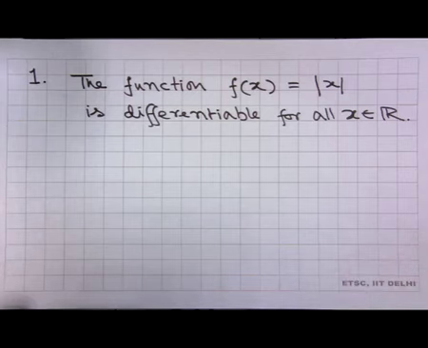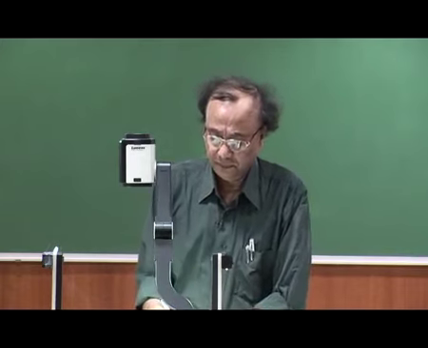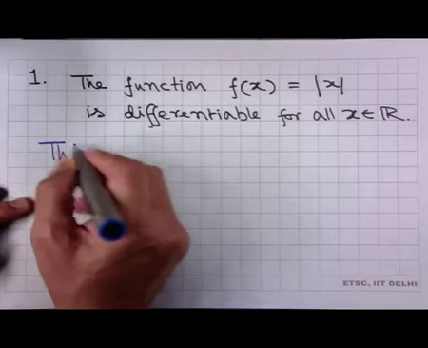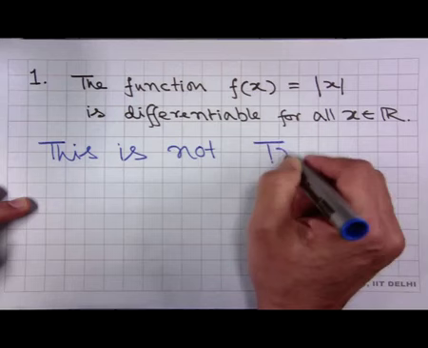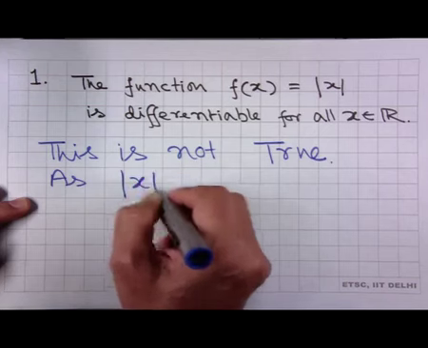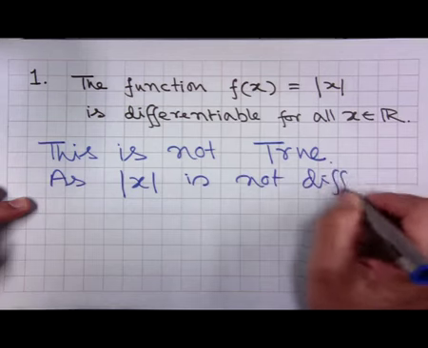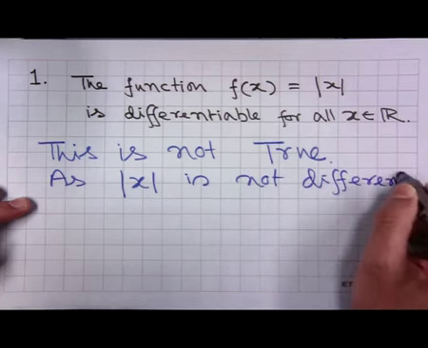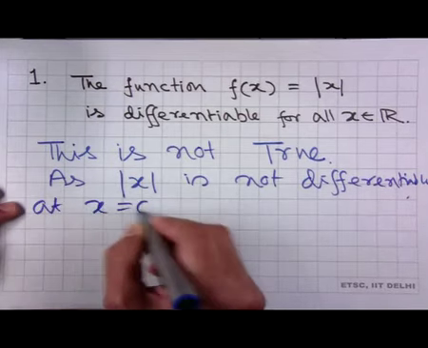The function f(x) equal to mod x is differentiable for all x belonging to R. We all know that this is not true, as mod x is not differentiable at x equal to 0.